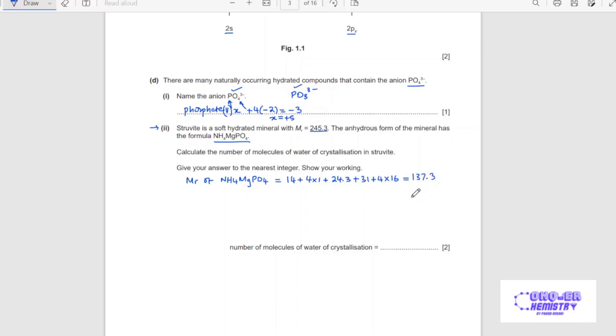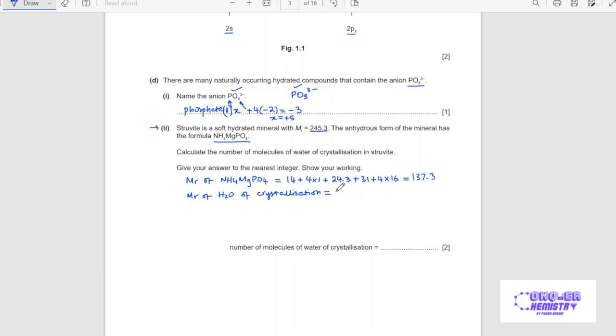This is the MR of the anhydrous salt, okay? Now what we're going to do is find the MR of the water of crystallization. Basically what this means is that in 1 mole of struvite, how much is the mass of the H2O that is involved, right?